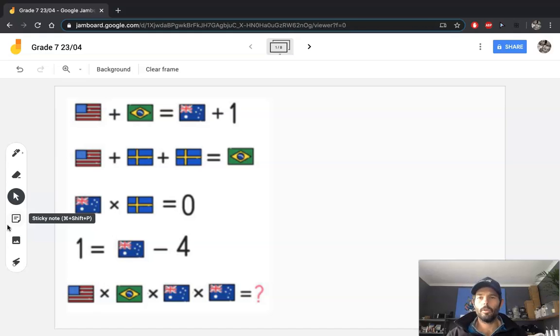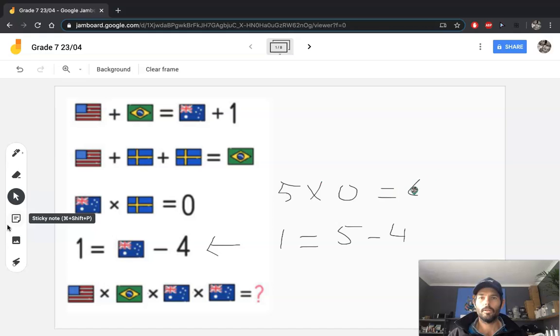So I'm just going to work through it on my Jamboard, and let's see how you guys got along. Okay, so I'm going to start on this line over here. Okay, and we know that 1 is equal to 5 minus 4. Then I'm going to go to just above that, and I know that 5 multiplied by 0 is equal to 0.